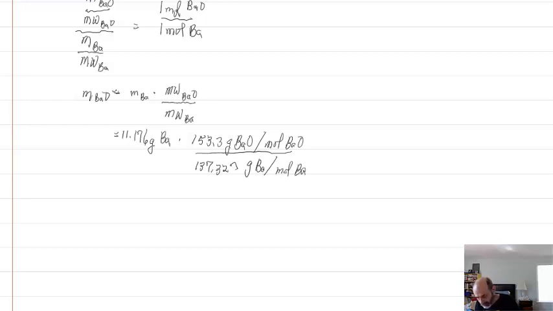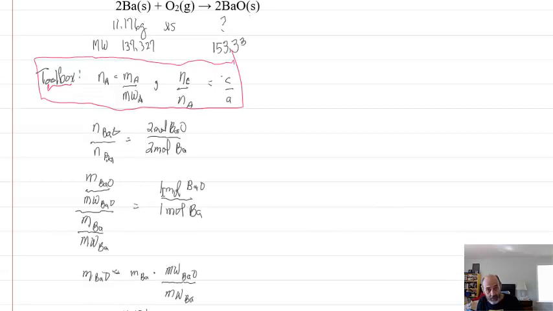Now, of course, the units that we had left on up here in the original equation say 1 mole of BaO per 1 mole of Ba. So we can start canceling things that are possible.